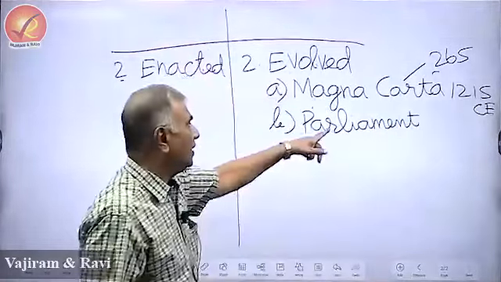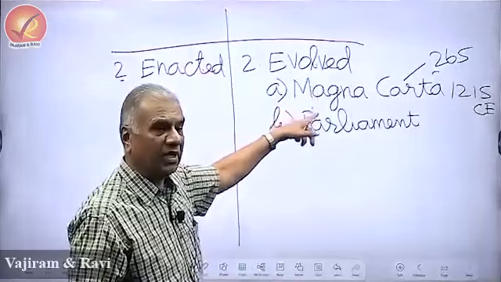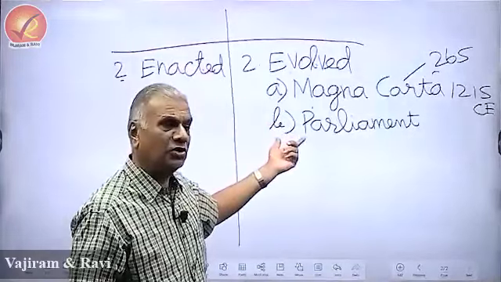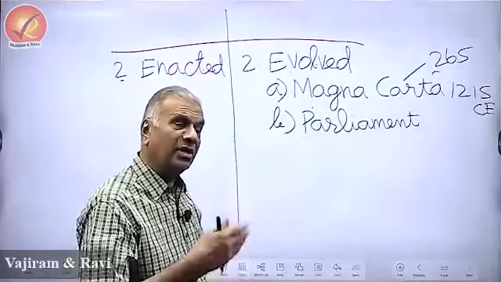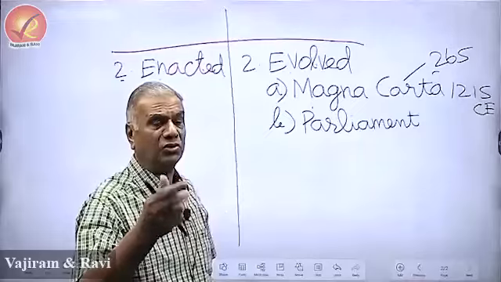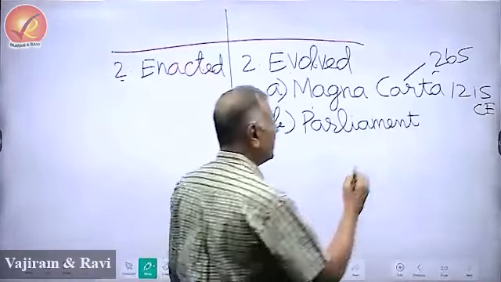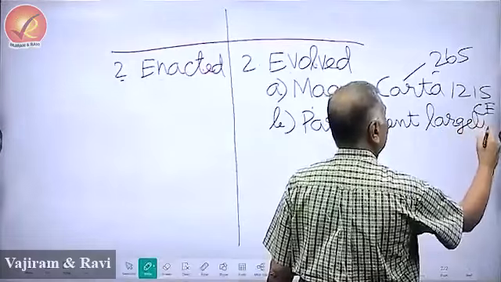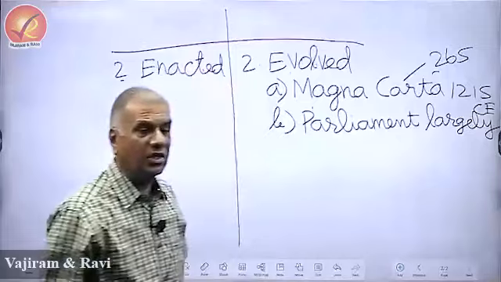So whenever the parliament restricted the powers of the king, new provisions emerged in the unwritten constitution. Therefore, the parliament also contributed to the growth and development of the unwritten constitution of England.